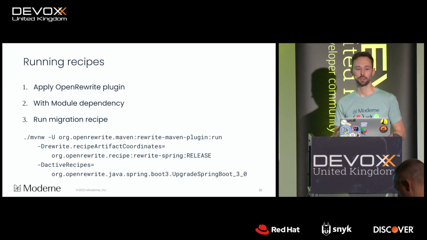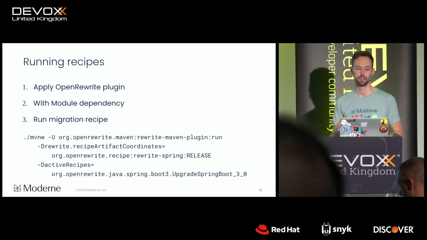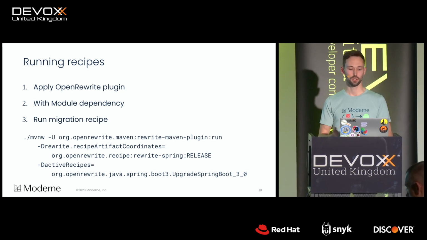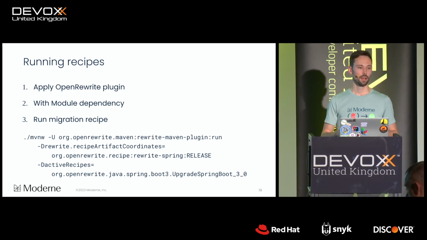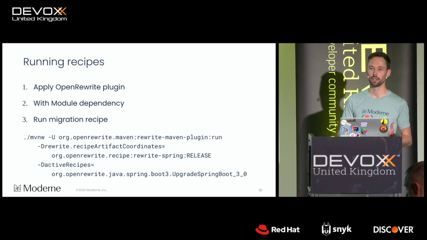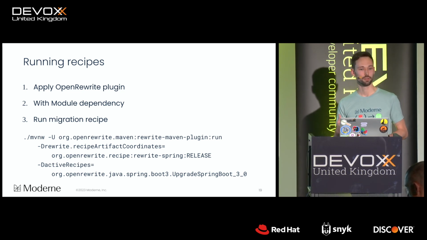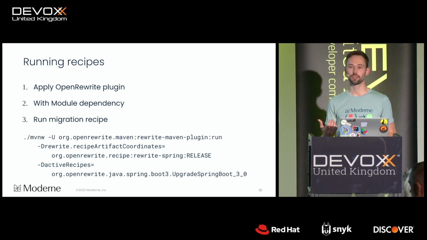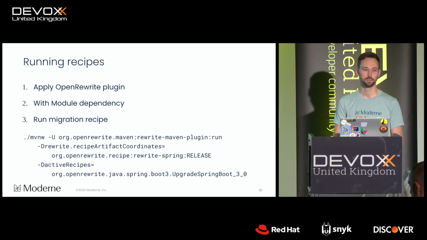Running migration recipes is fairly straightforward. First, you apply a build tool for OpenRewrite. I've used Maven in this example, but Gradle works just as well. Then, depending on the changes you want to make, you add a dependency on the respective OpenRewrite module. And lastly, you run the OpenRewrite plugin with the migration recipe that you want to execute.